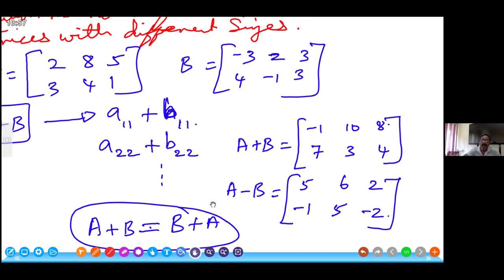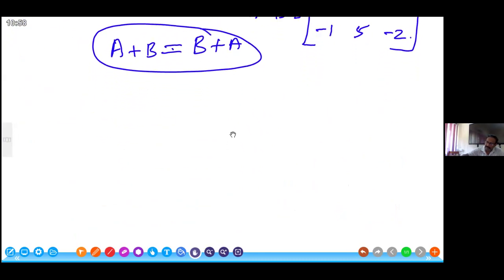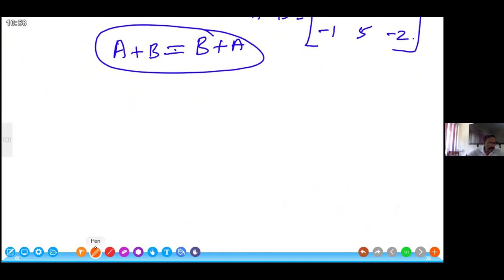Subtraction is not the same all the time. A minus B or B minus A is not the same all the time. Sometimes it's true. Then we call it a zero matrix.